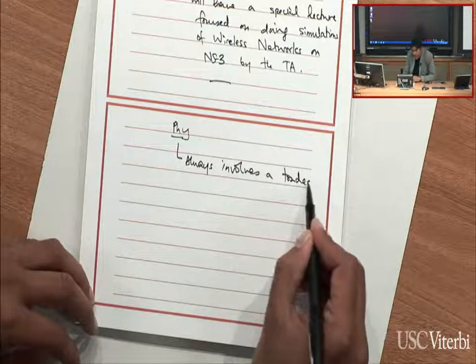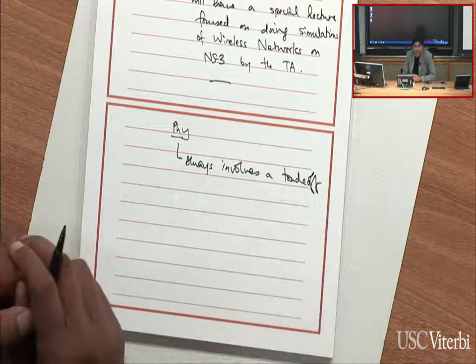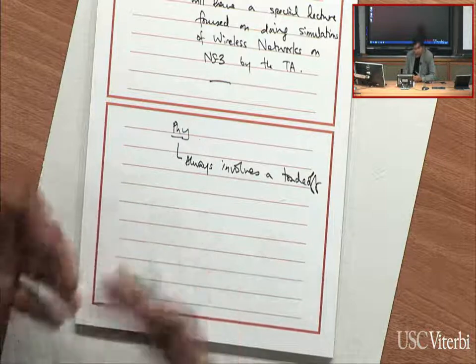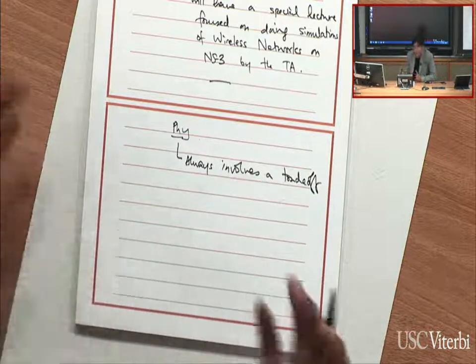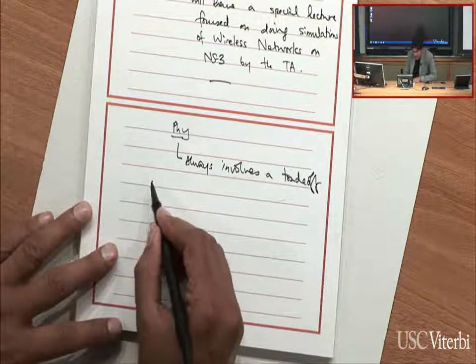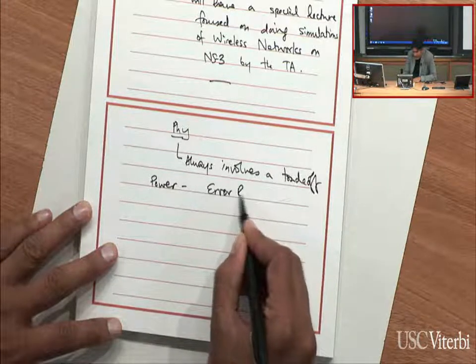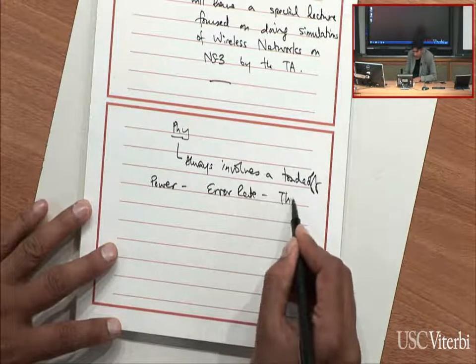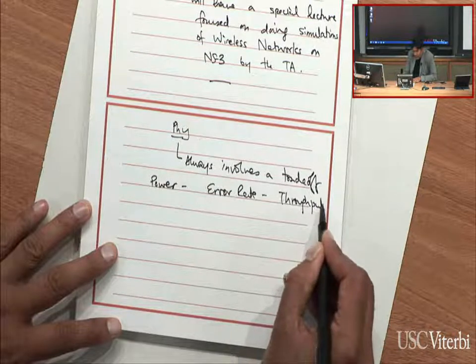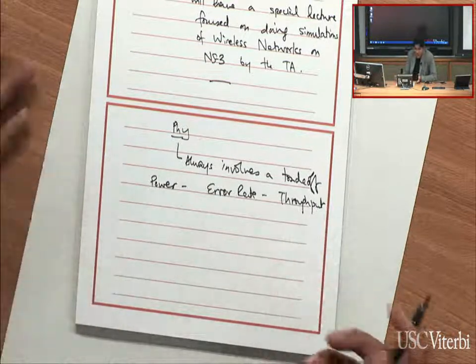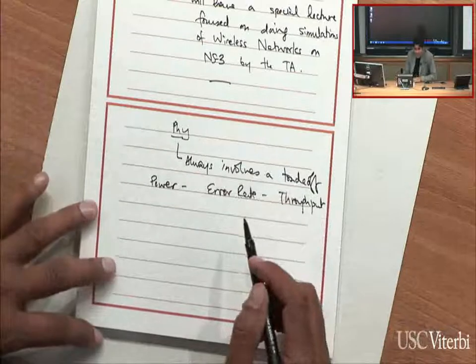Right? That you don't get performance at the PHY layer for free. Even though your techniques might be getting better and better at achieving better trade-offs, typically there's always this power, error rate, and throughput trade-off that shows up in many guises in wireless networks.